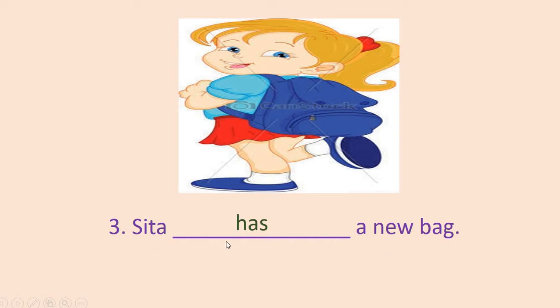Understood this sentence? Number 3: Sita has a new bag. Sita is the name of a girl, so one person. We use has. Do you remember this?